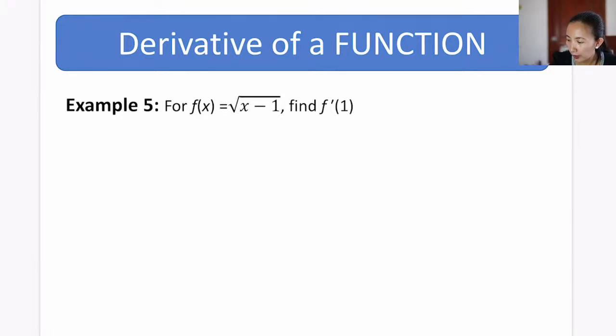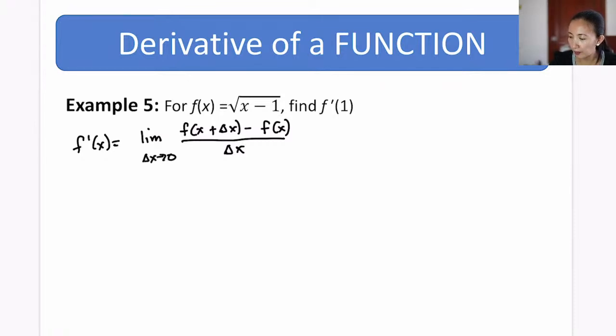Okay, so f prime of x is equal to, once again, by definition, the derivative is equal to the limit of f of x plus delta x minus f of x all over delta x as delta x approaches 0.